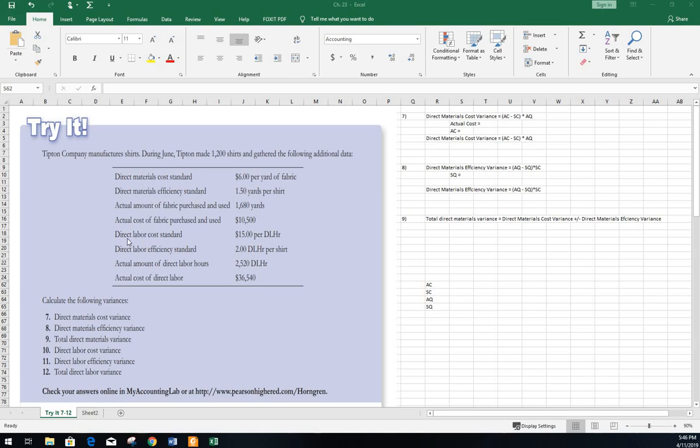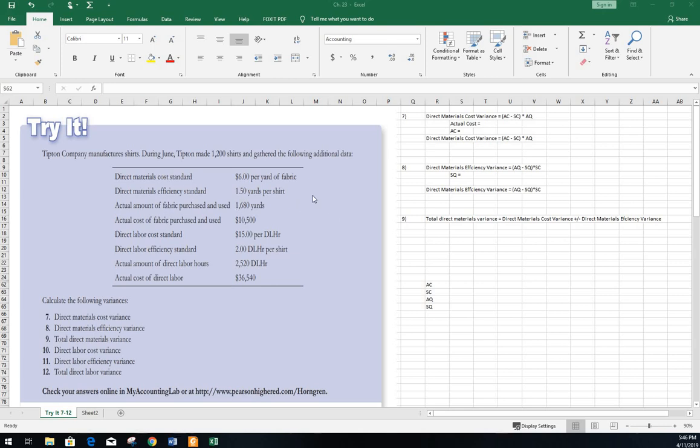These four are talking about labor: direct labor costs, direct labor efficiency, actual amount of direct labor hours, actual cost of direct labor. So we're going to ignore these bottom four numbers for the purposes of this video because they have nothing to do with questions 7, 8, and 9. So we'll just focus on these four values.